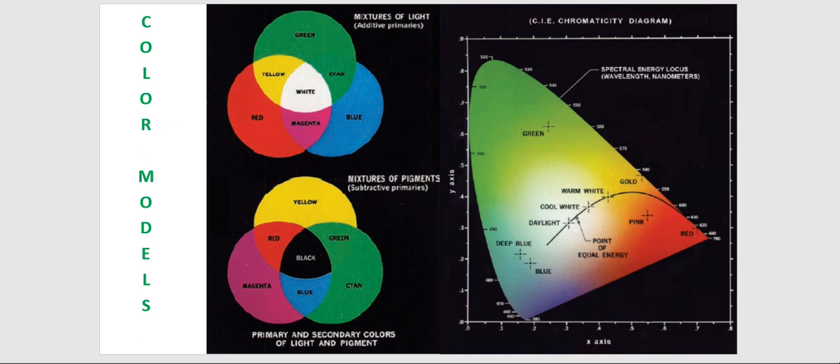Looking at this presentation, you can also see that an additive combination of red, green, and blue will give you white light. So in this you can see the other models as well, and how different shades of colors are obtained by different combinations of these primitive colors.